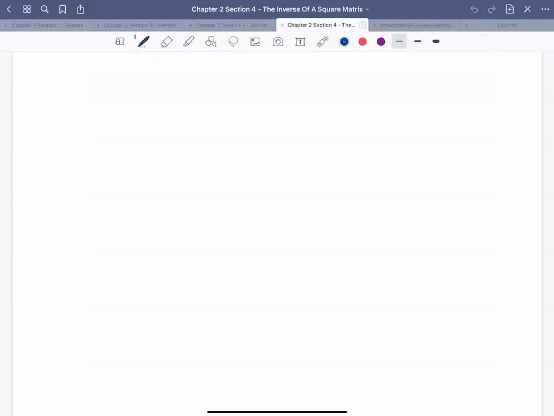All right, so this one is chapter 2, section 4, and it's the inverse of a square matrix. First off, I want to show and talk to you about what an identity matrix is.